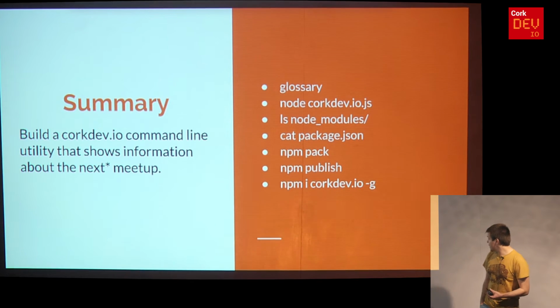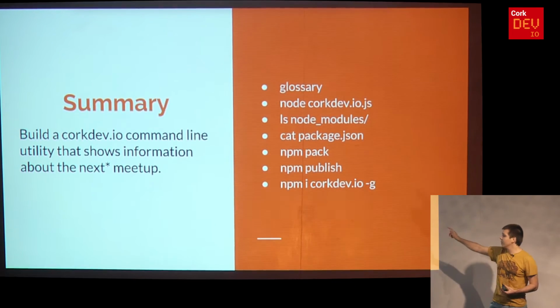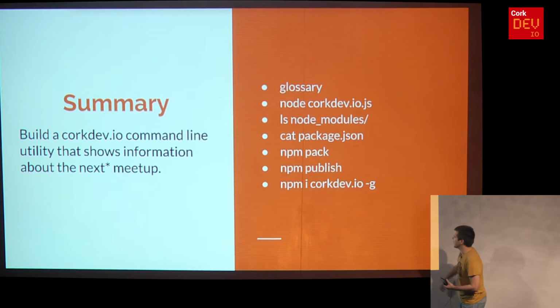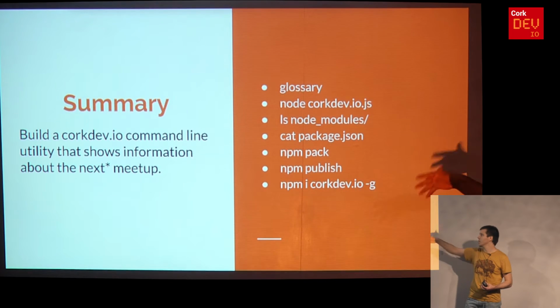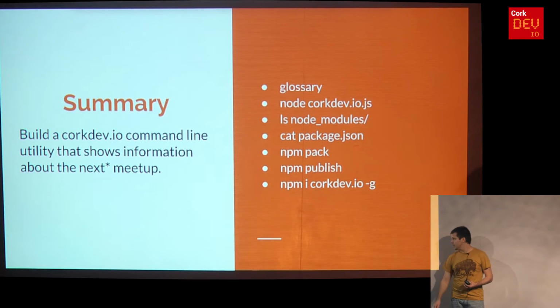Basically, I'm gonna go first through the glossary, just 4 or 5 concepts. Then I'm gonna do hello world just for you guys to see. Then I'm gonna explain a little about the node modules directory, which is where our dependencies go. I'm gonna show the package.json.